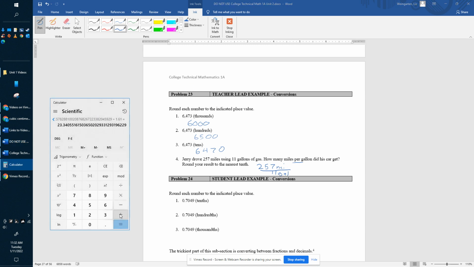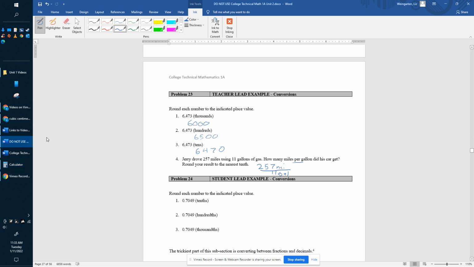So let's grab the calculator. And we get 23.36363636 repeating. Round your result to the nearest tenth. So here's our tenth. What's immediately to the right of the tenth? A 6. So we're going to round up. It'll be 23.4 miles per gallon.